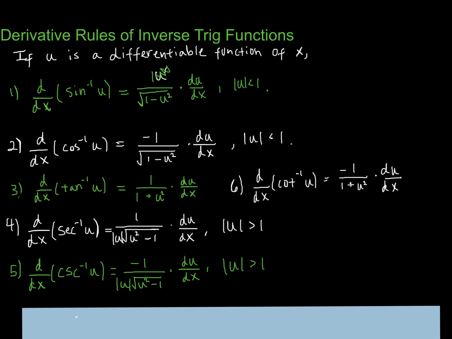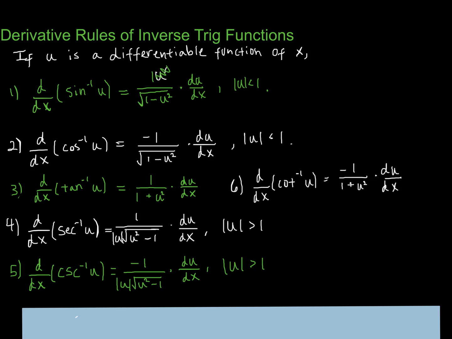The derivative of inverse cosecant of u is just the opposite, or negative 1 times whatever the derivative of inverse secant of u was. So I get negative 1 over absolute value of u times the square root of u squared minus 1 times the derivative of u with respect to x. Again, the absolute value of u is constrained to being greater than 1 for the same reason.